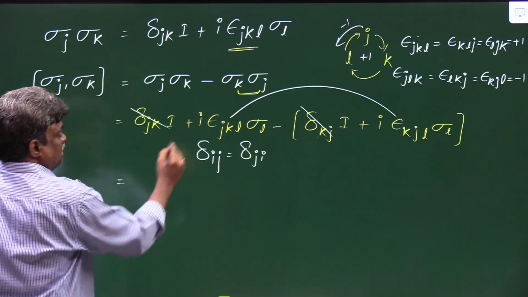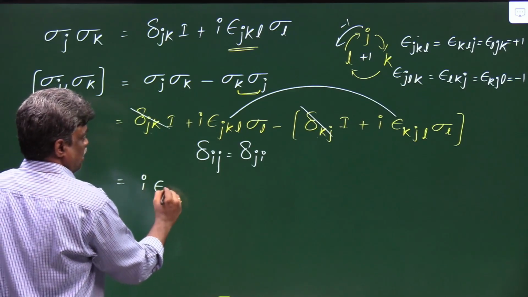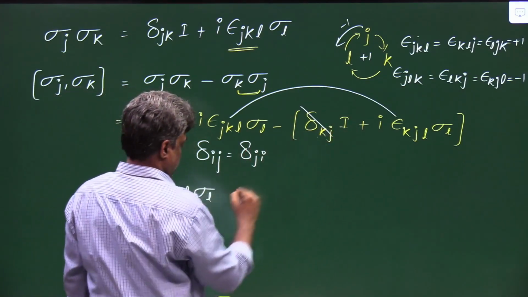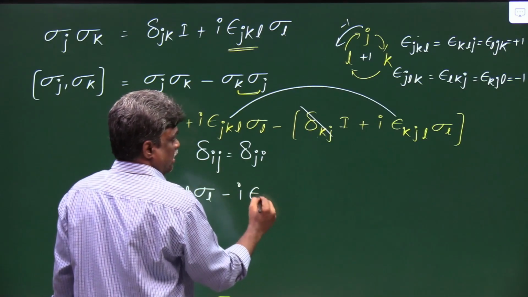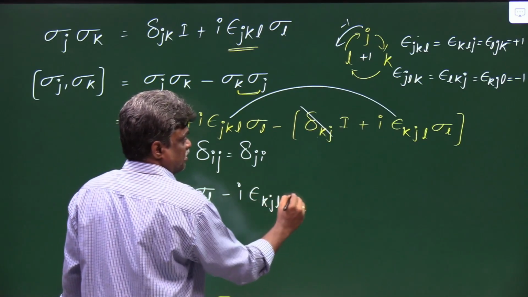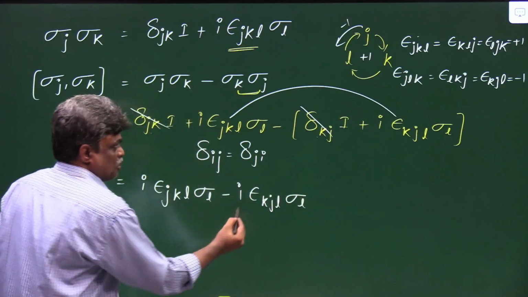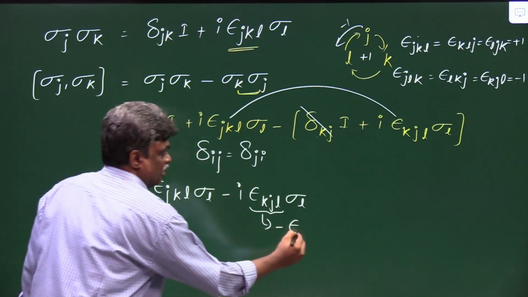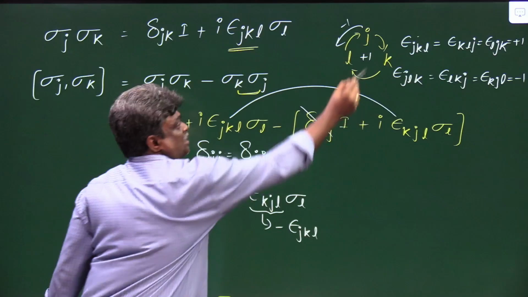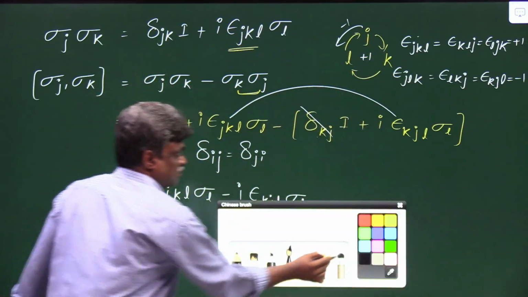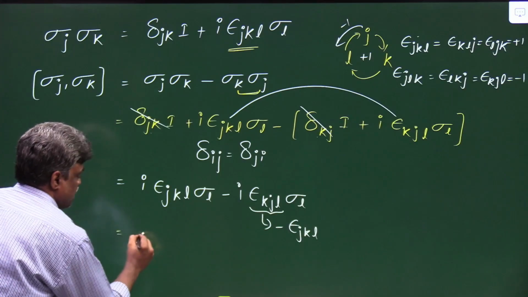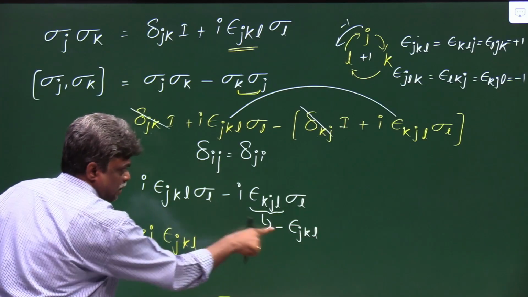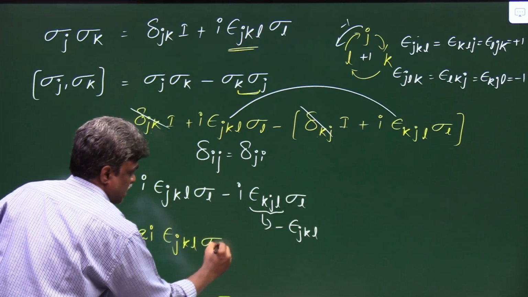So we can write like this, iota epsilon jkl sigma l, and here minus iota epsilon kjl sigma l. So I think this can be written as minus of epsilon jkl, because both are opposite in sign. So this is nothing but 2 iota epsilon jkl, this minus into minus plus, and a sigma l.